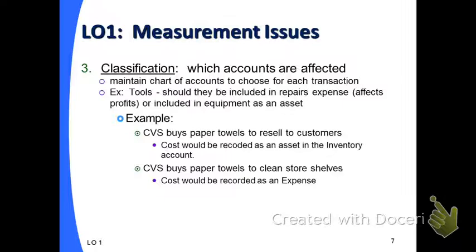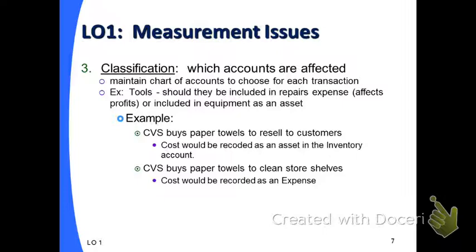Another example would be if CVS buys paper towels to resell to its customers. If CVS is buying those paper towels to resell to the customer, then clearly the cost of those paper towels would be recorded as an asset in the inventory of the company. That would differ from if CVS buys paper towels to use and clean its own store shelves.